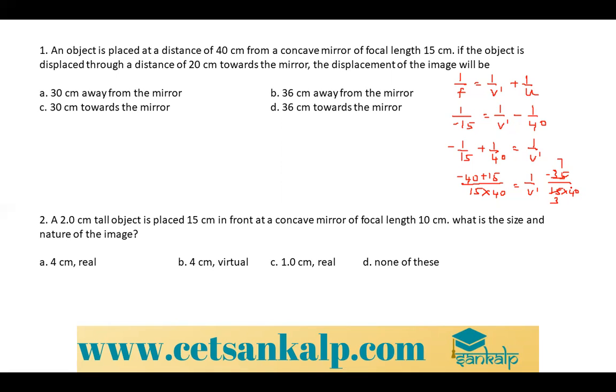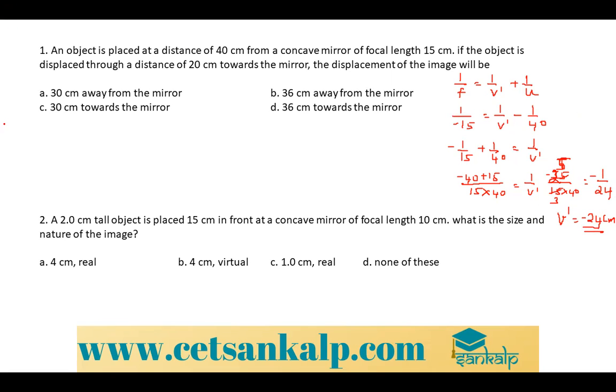I guess we have done some mistake, right? It is 25, not 35. 25 means 5 5s are 120. 120 divided by 5, it is 1 by 24, minus 1 by 24. So v dash is equal to minus 24 centimeter.